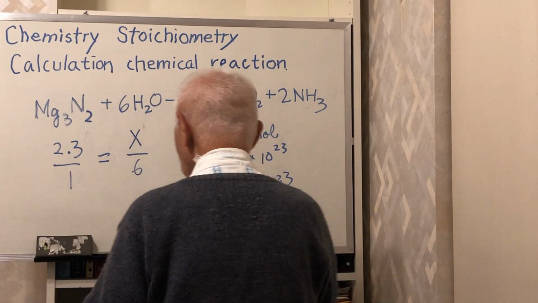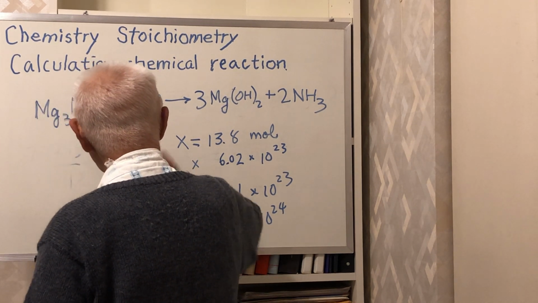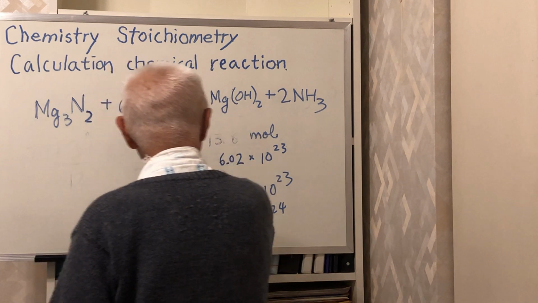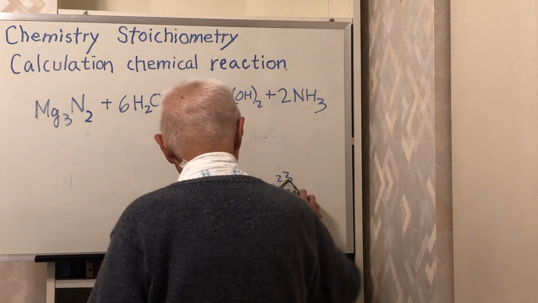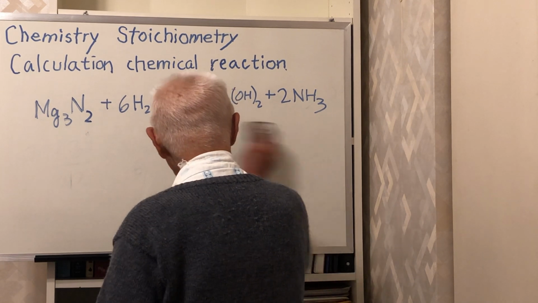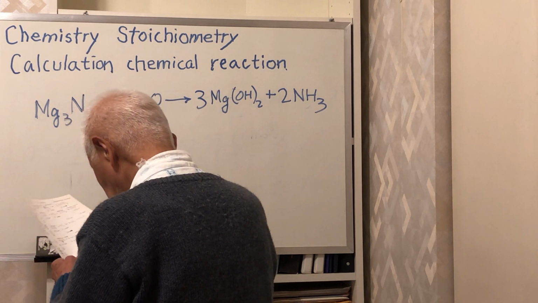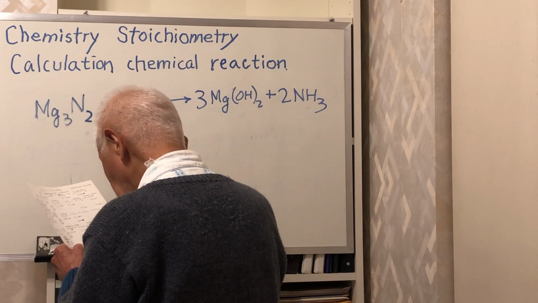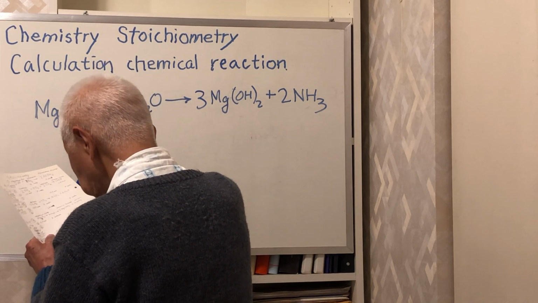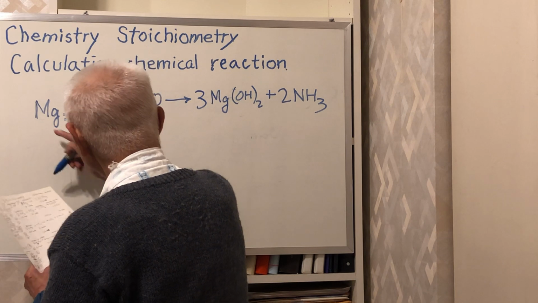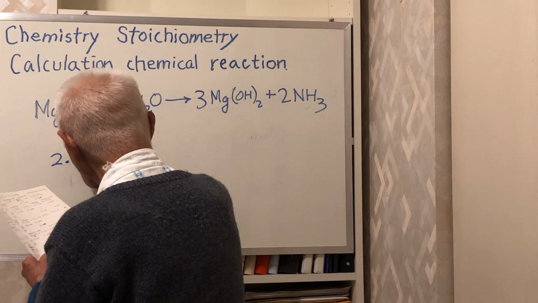Okay. There is another part B of this example. It's still 2.3 mole of magnesium nitride.